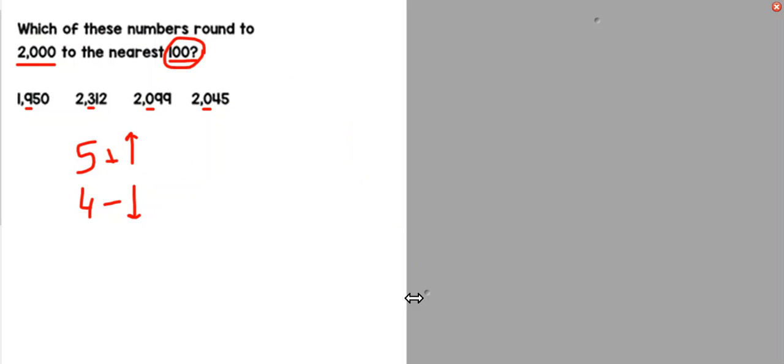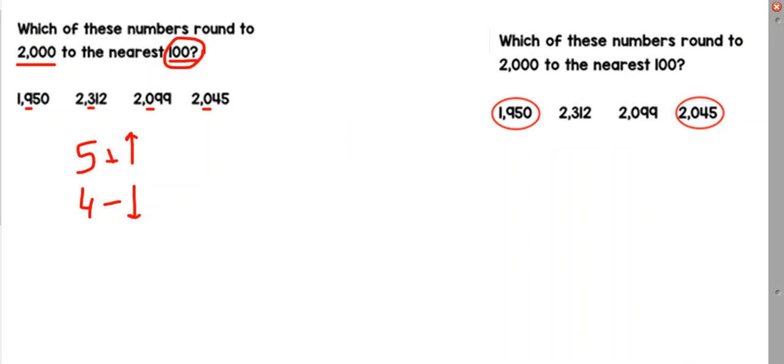Okay then, let's have a look at the answer. So hopefully you got 1,950 and 2,045, okay? Because if you first of all locate your hundreds column, you've got a 9 in that one, and you've got a 0 in that one. Okay, so then if we have a look at the number to the right of your hundreds column, in the tens column, in this one you've got a 5, therefore you would round up.